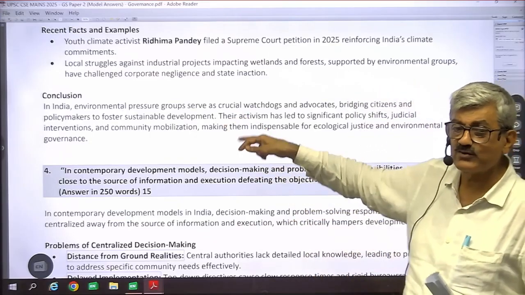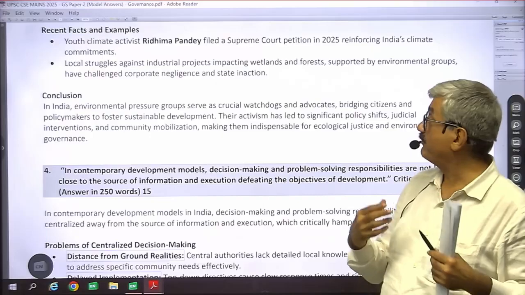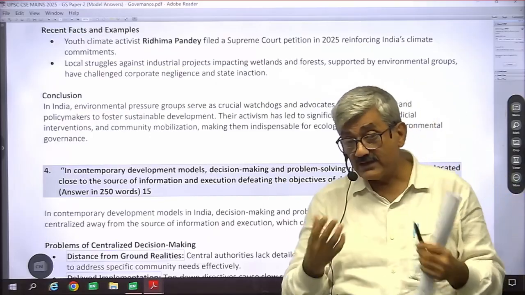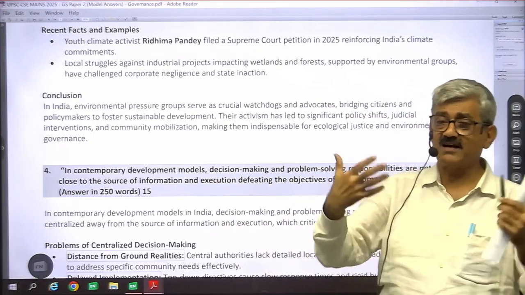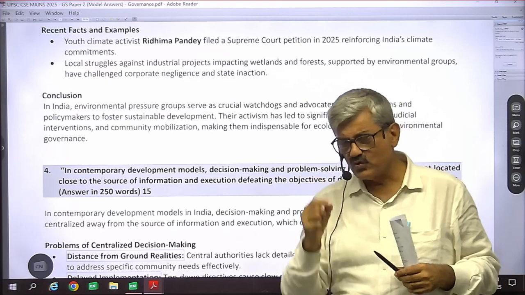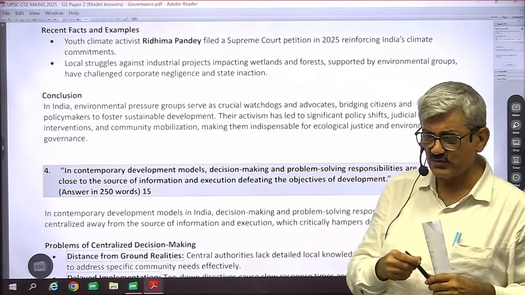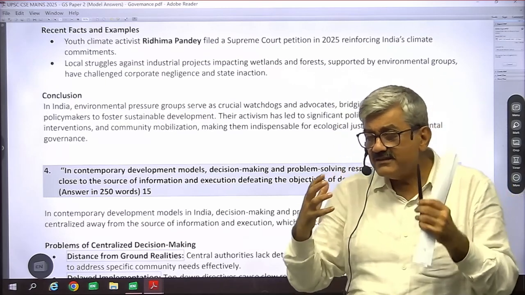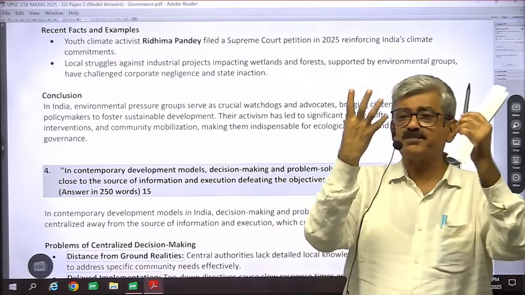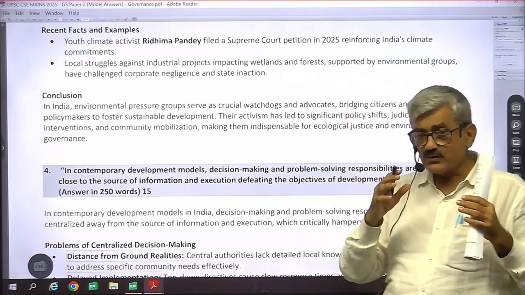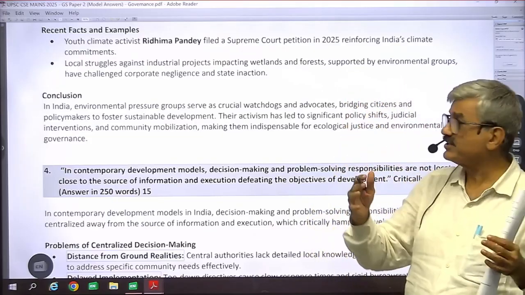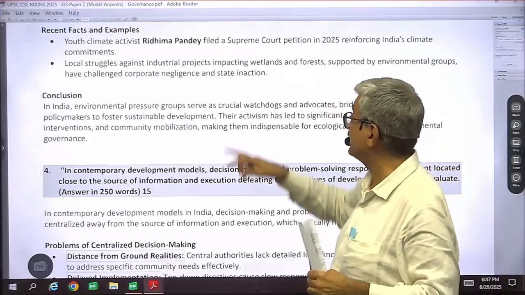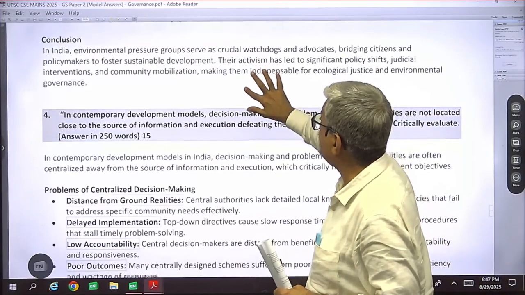I was just referring to state inaction or corporate negligence. If some big private industry neglects green issues, climate change issues, environmental issues even a little, then these pressure groups just spring up and try to influence. So very positive that way. I'm not just advocating, but yes, their commitment level is very high.